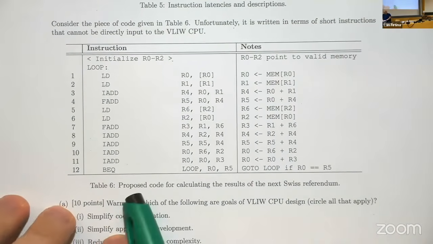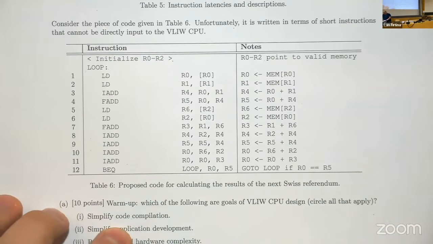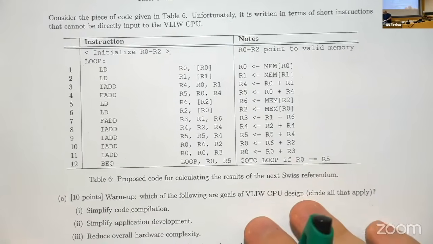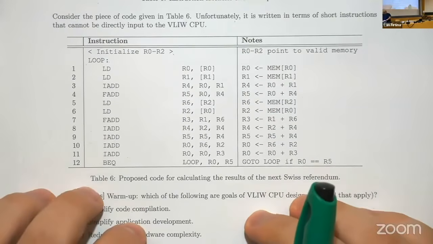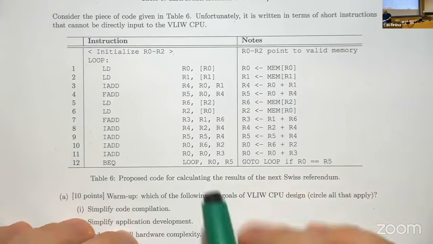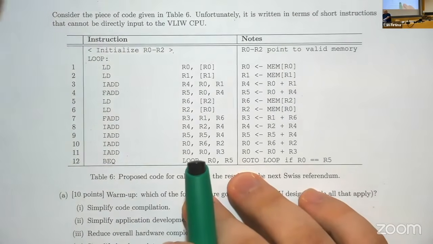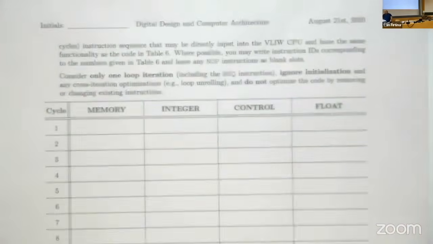So here we have table 6, which is the proposed code for calculating the results of the next Swiss referendum. We're not really concerned about that, but our task is going to be to map each of these from 1 to 12 into the instructions that are scheduled in the VLIW machine.